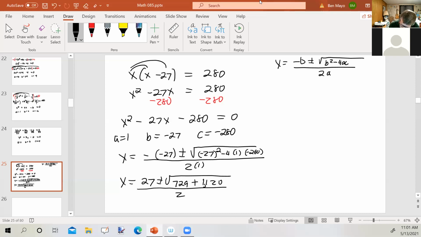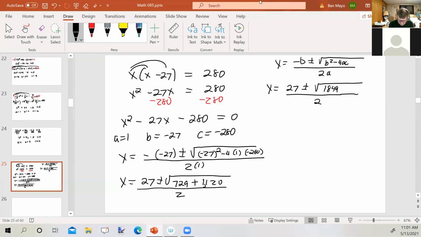Okay, so x equals 27 plus or minus the square root of, let's see here, 1120 plus 729 is 1849. That's not the year I was born. It's the year I graduated from preschool, all divided by 2.